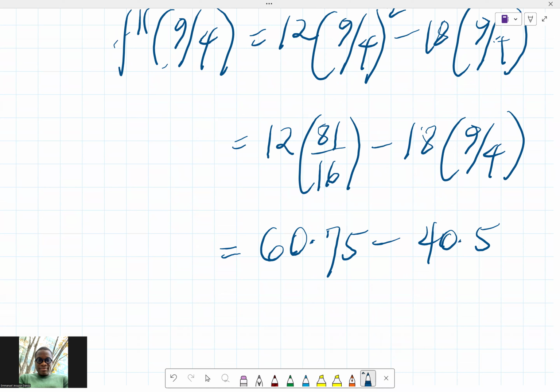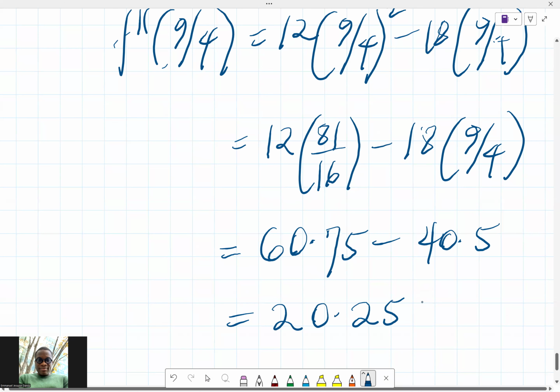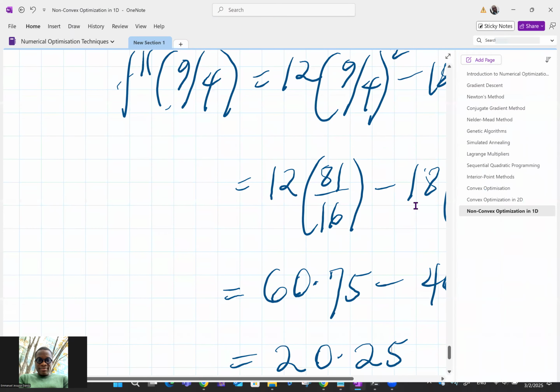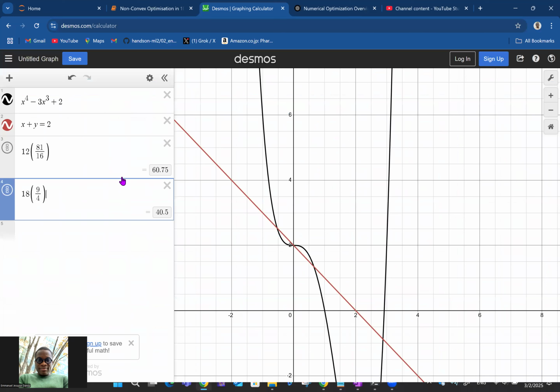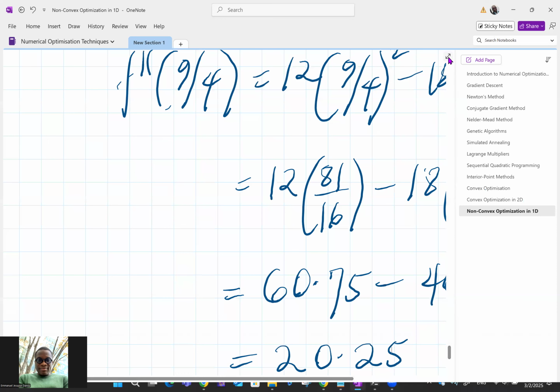That is 12 times 81 all over 16, and that is 20.25. Let me check again. 60.75 minus 40.5. That is 20.25.